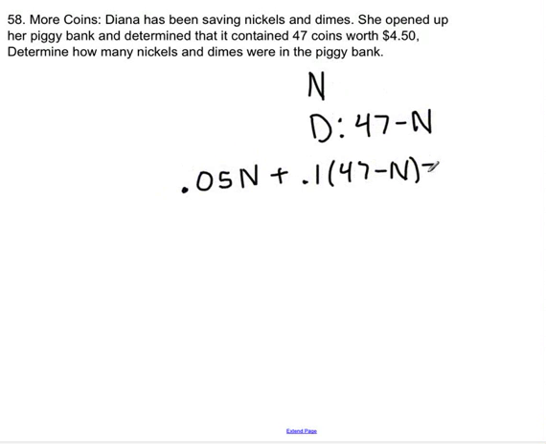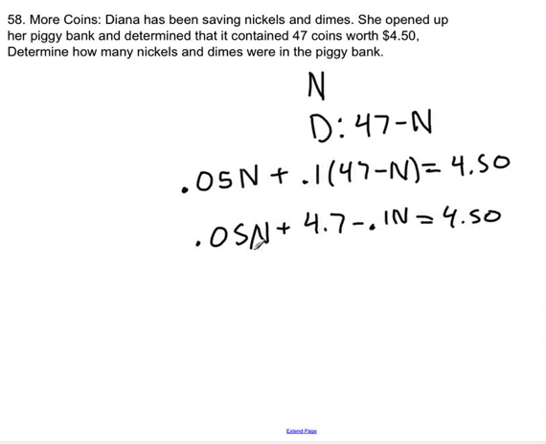And that all together is going to be worth $4.50. So if we reduce 0.05 n, plus 0.1 times 47 is going to be 4.7 minus 0.1 n, and that's going to equal 4.50.